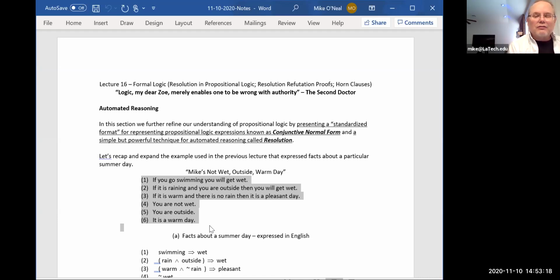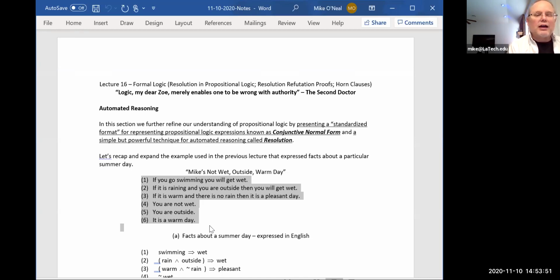Okay? So if you want to use resolution refutation proofs or any reasoning mechanism in logic to divine new facts from existing facts, then the statements you start with all have to be true and all have to be consistent. Does that make sense? If there's any inconsistency, if something says I'm not wet, maybe I don't say I am wet, but maybe I said swimming was true in these statements.